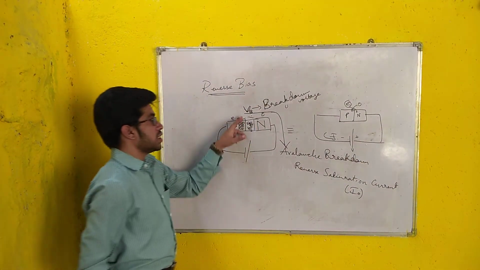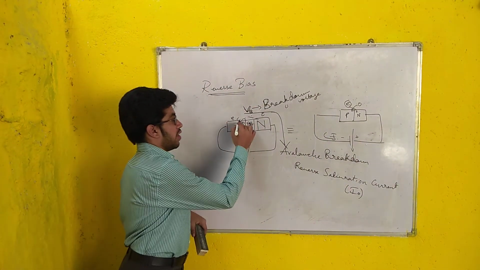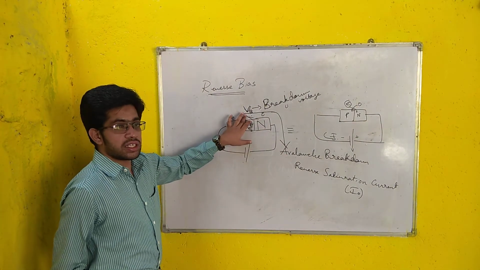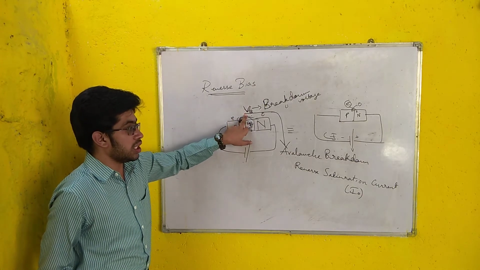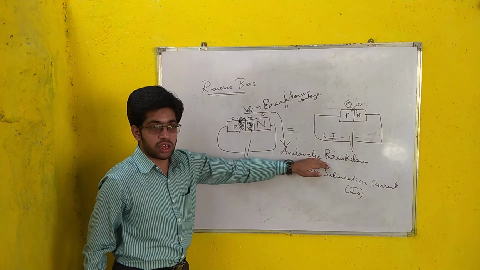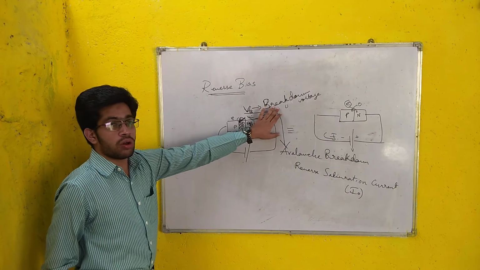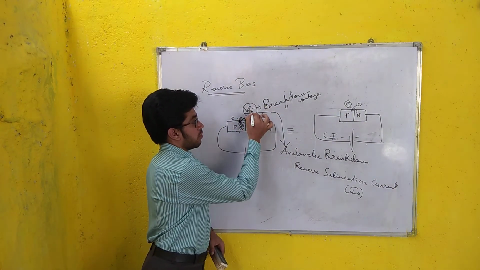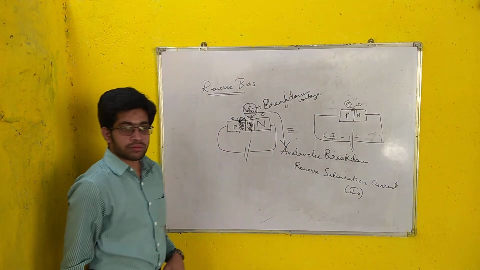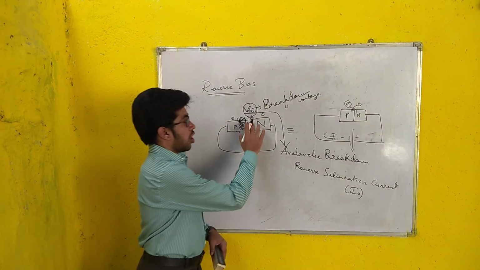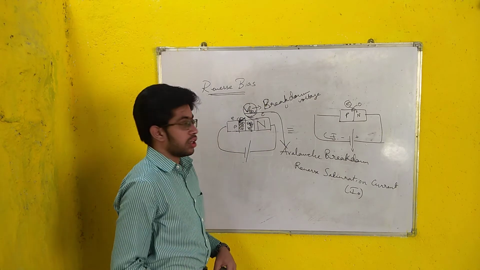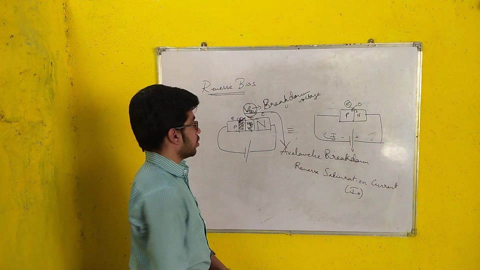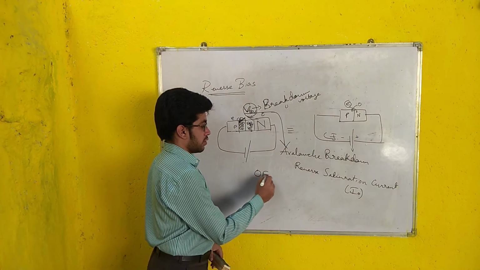The voltage at which the avalanche breakdown occurs is called the breakdown voltage, represented by VB, also sometimes VBV. After this state, the diode does not work. At this state, the diode is off.